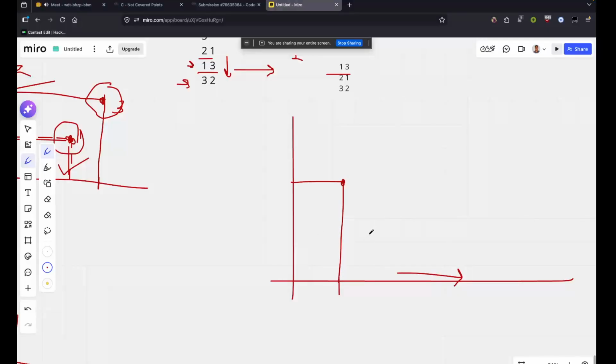So we know our next element will always be at the right side, so we need to check only the y-axis. Our first y is 3.